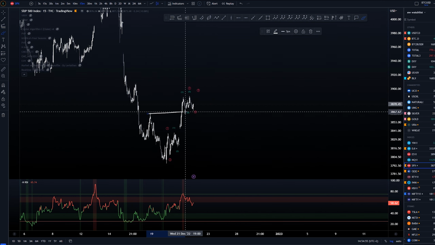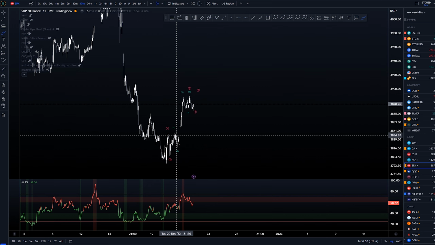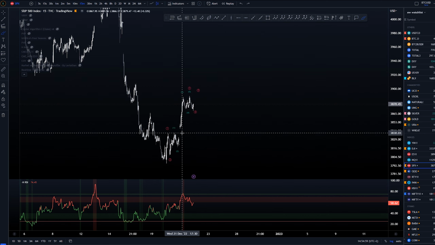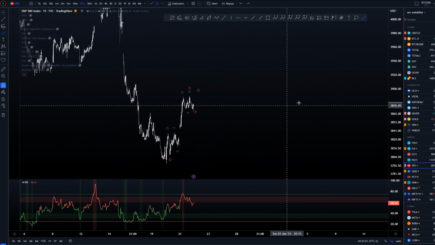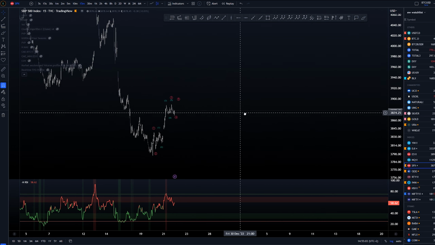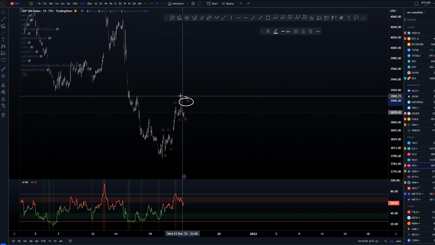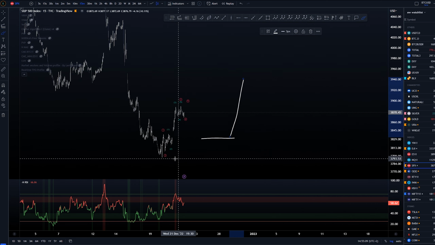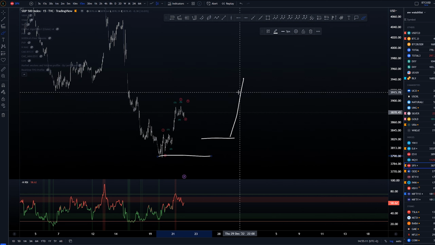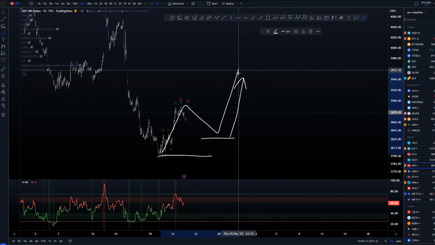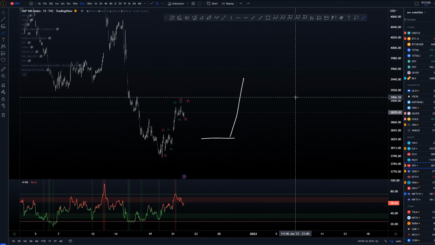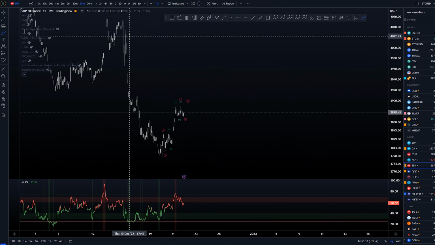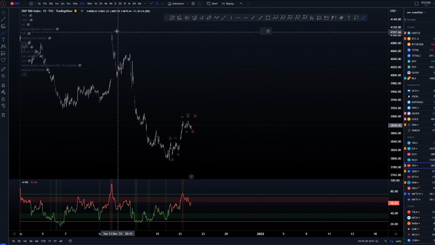We have taken out the previous structures here by quite a significant amount, so this definitely has the potential of being a start of something. Especially if we are getting that last 5th wave in place, we would be looking for a 3-wave pullback and then going along against these lows here for a continuation of something like that at least. Of course, we don't know if this is the end of a structure, this structure here.